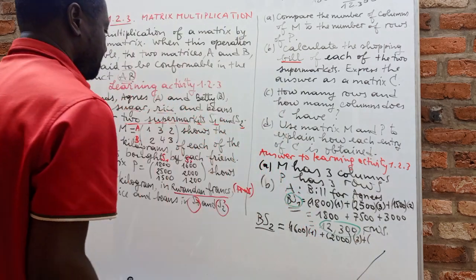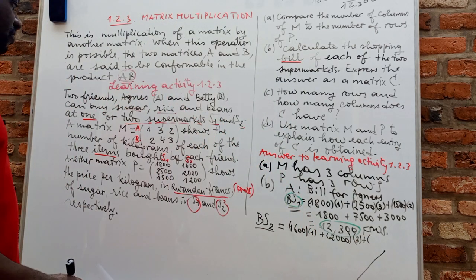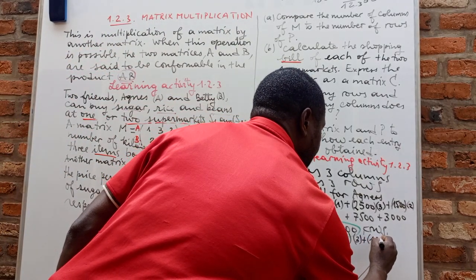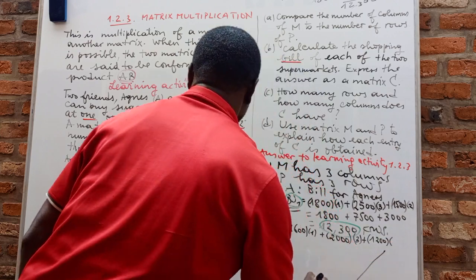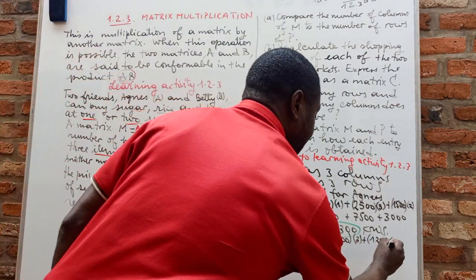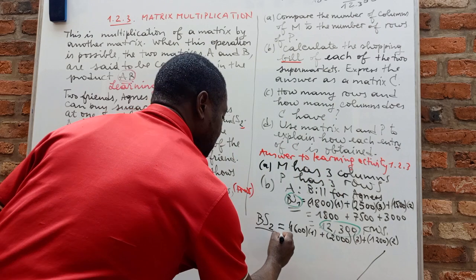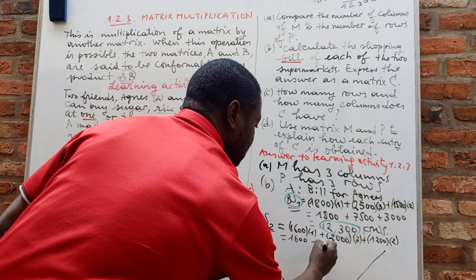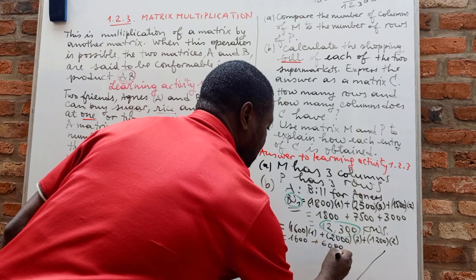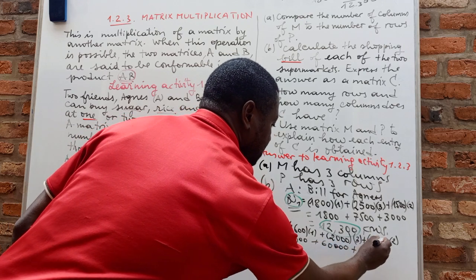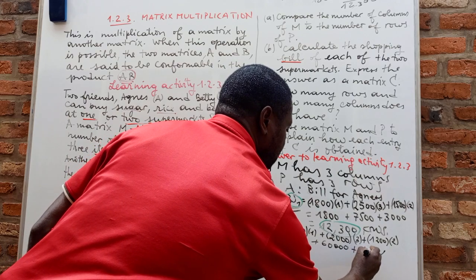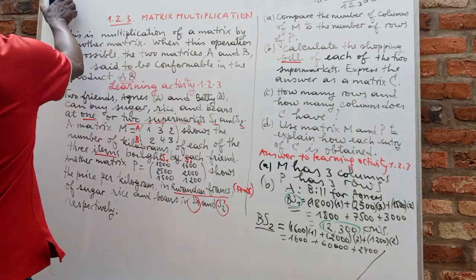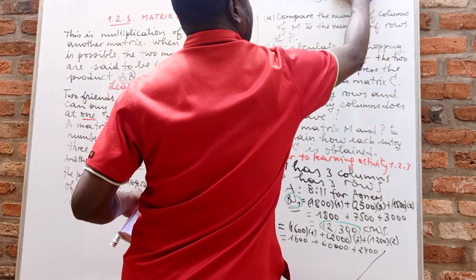Adding 1,200 times 2 here for beans. So this is 1,600 plus 6,000 plus 2,400.